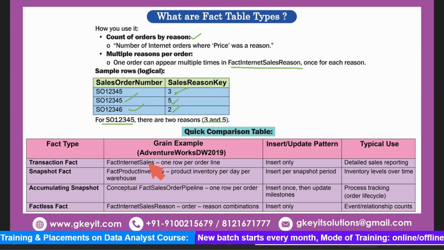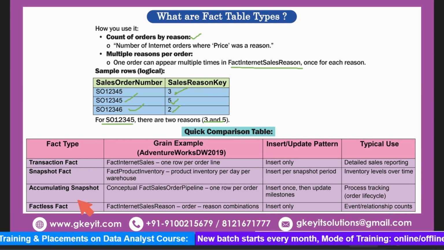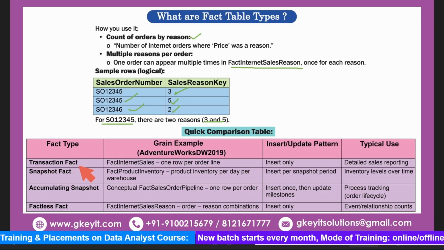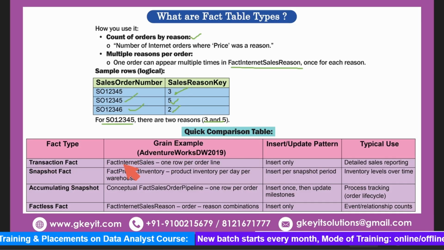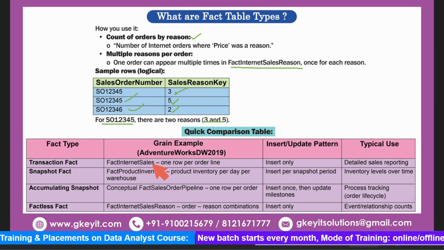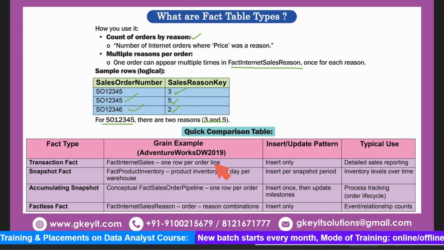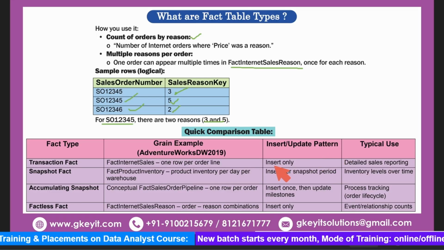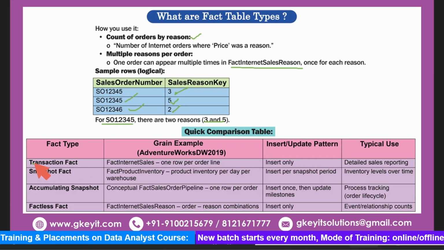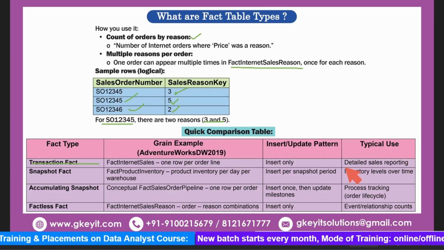Coming to a quick comparison of all these 4 fact tables, first one is the transaction fact. Here the example is fact internet sales, and we can take AdventureWorks DW as the example database. The grain is one row per order line, the insert-update pattern is insert only for transactional facts, and the typical use is detailed sales reporting.